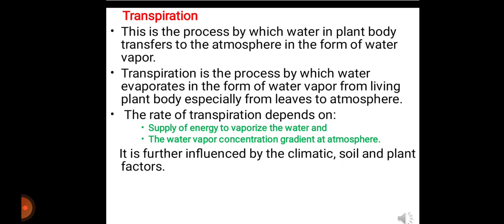The rate of transpiration depends on supply of energy to evaporate the water and the water vapor concentration gradient in the atmosphere. It is further influenced by climatic, soil and plant factors.